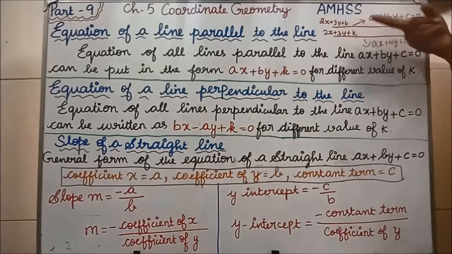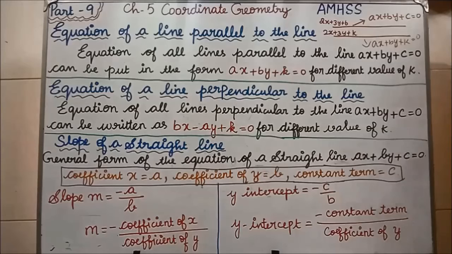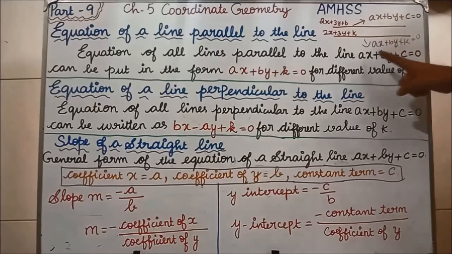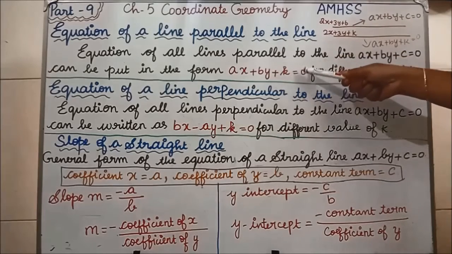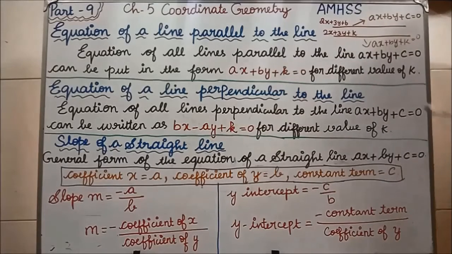But instead of the 6, you will have some other value. It can be 8, it can be 2, like that value you will get. Clear? So that only I have written here ax plus by plus c. I have written how it can be changed into ax plus by plus k equal to 0 for different values of k. Clear all of you? When we are doing the problem, you will be very clear.